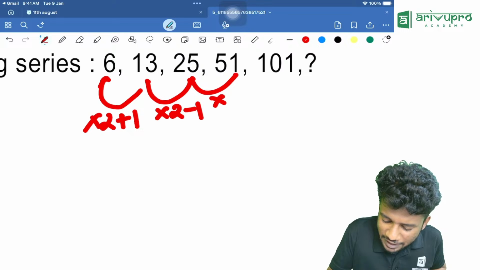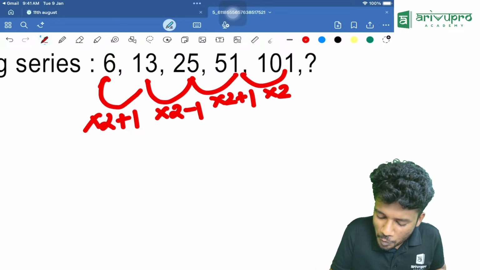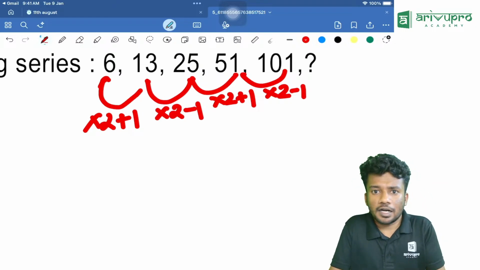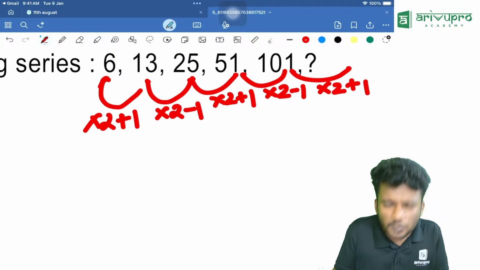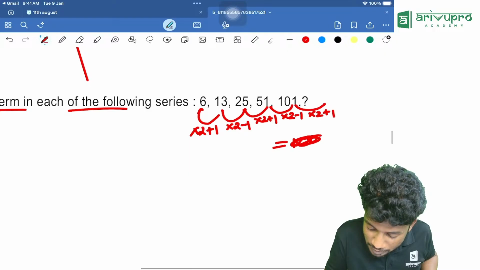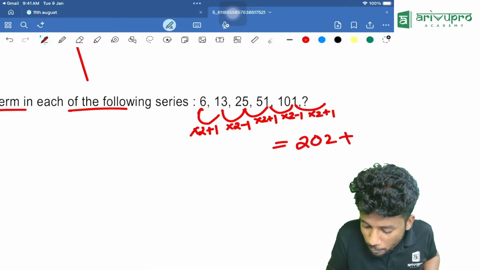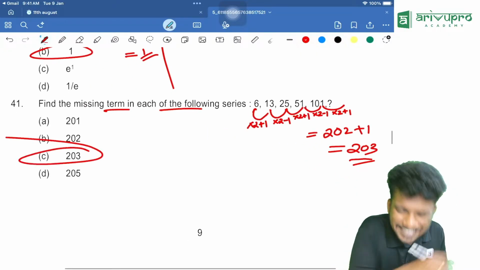Then 25 into 2 plus 1 is 51. Then 51 into 2 minus 1 is 101. Then 101 into 2 plus 1 is how much? 101 into 2 is 202, plus 1, which is equal to 203. Option C is your answer.